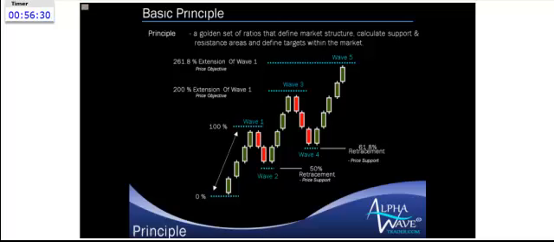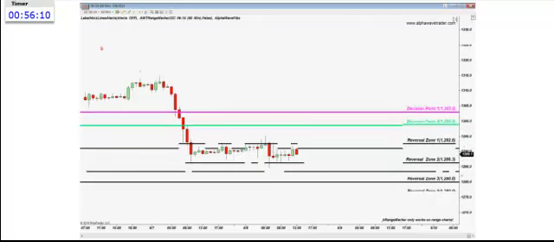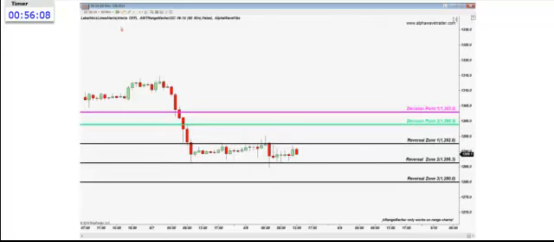Rule number 3, only and only acquire position at the inception of wave 3, never at the end. If you're acquiring position at the end of wave 3, you are entering into the brick wall. That brick wall is identified as the end of wave 3. This is gold, 1 hour chart.